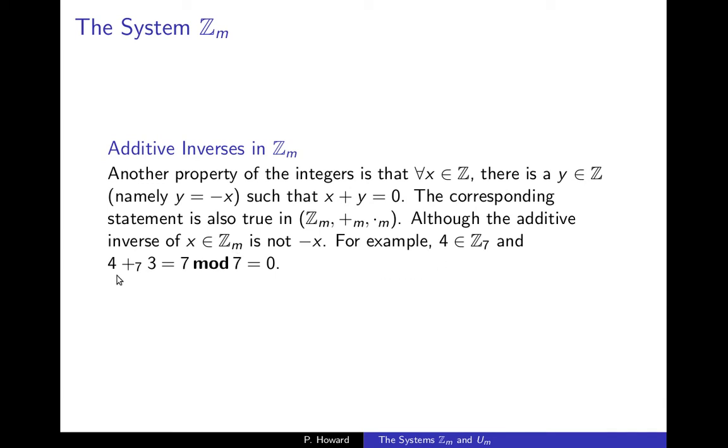The answer is 3. 4 plus sub 7 3 is 7, and 7 mod 7 is 0. So the additive inverse of 4 in Z sub 7 is 3. It's the number you add to 4 using plus sub 7 to get 0.